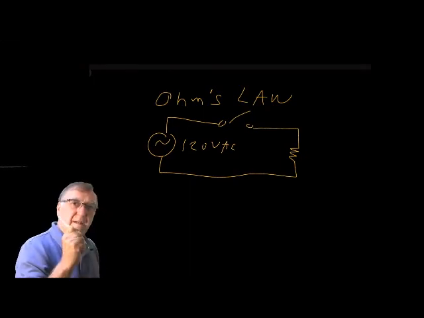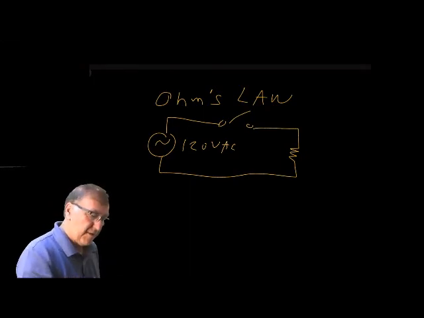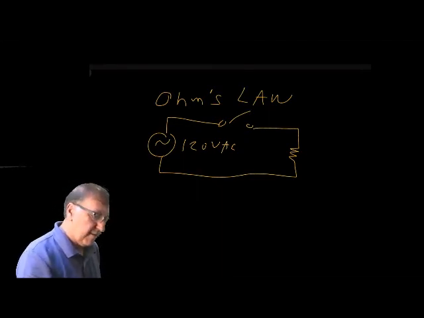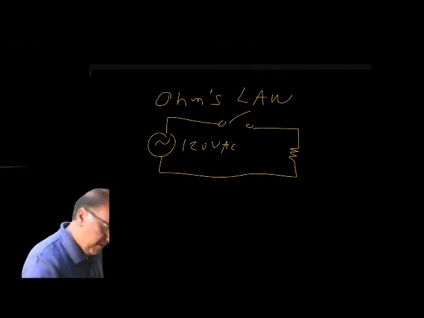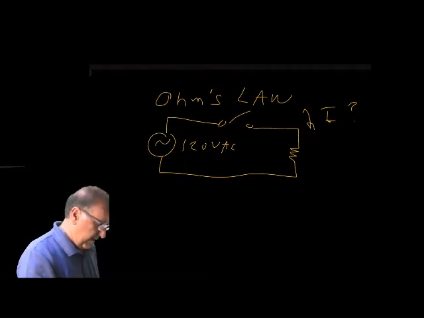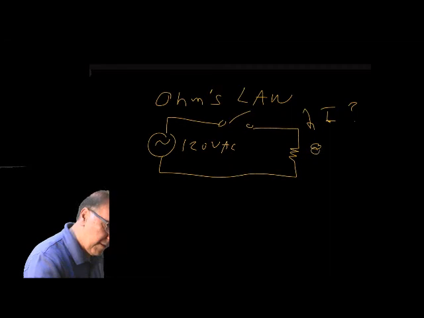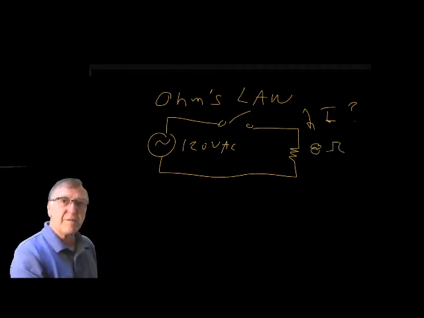The voltage alternates, so there is no plus or minus designation on that power supply. We have a current that we're trying to calculate. We know there's a current in there, but we don't know what it is. And we know the voltage is 120 volts, and we'll call the resistor 8 ohms, with the omega sign. That's the ohms sign.